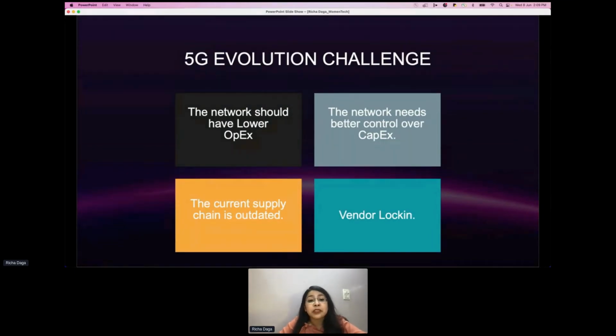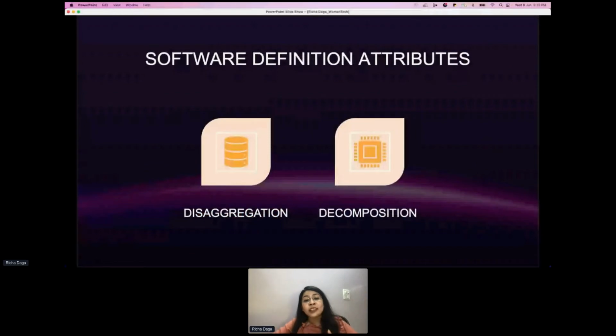So this happened, and we had a limited set of applications that the operators can provide to their customers. Sometimes these vendor dependencies and lock-in can propagate into other domains when proprietary features are implemented. So that's why, to solve all of these problems, came the software defined attribute of the emerging 5G solution set.